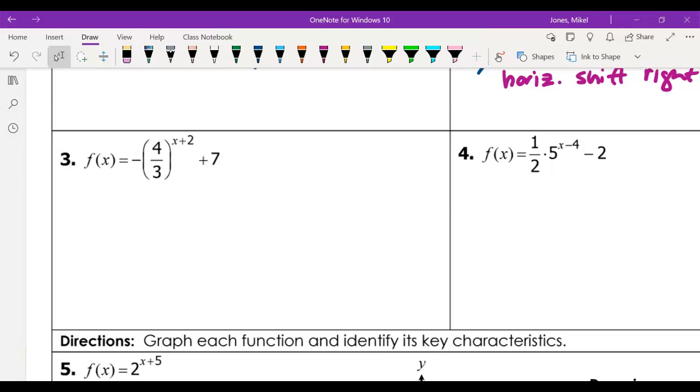Let's go through what you got for number 3. So what was the parent function? Okay, good. 4/3 to the x. Is this a growth or a decay? Growth. Very good. Okay, so the negative in front would be a reflection over the x-axis.